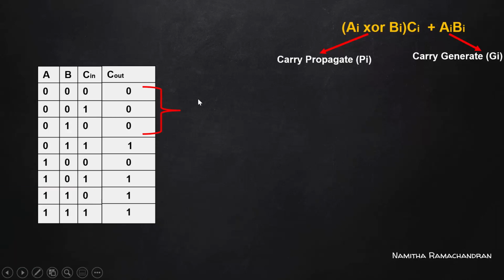Based on our first input combination, A equal to 0, B equal to 0, C in equal to 0, in this particular expression for our carry out, Ci plus 1, Ai equals 0, Bi equals 0, and Ci equals 0.